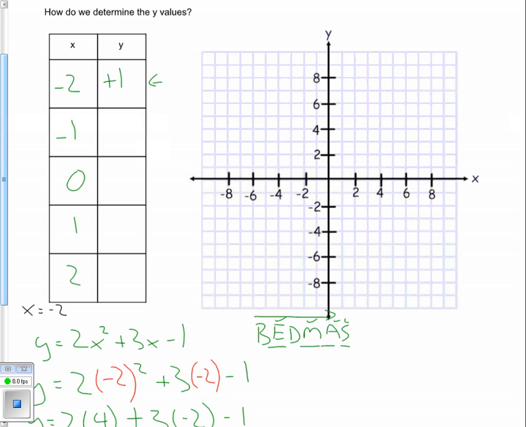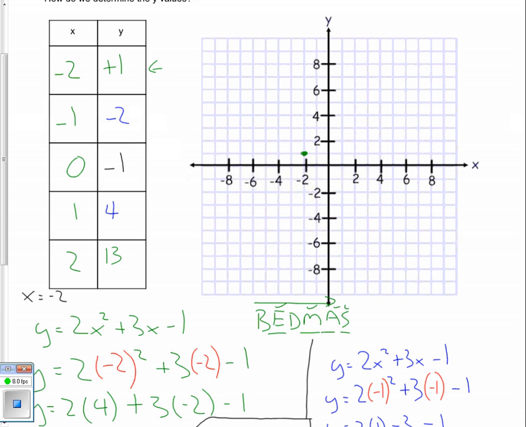So -2, +1 is actually right here. So this is 1 point on my parabola. Okay. So what we're going to do is we're going to go through and we're going to solve for the remainder of these x values using the equation below. So I'll just pause this quickly while I do that, and then we'll continue on.